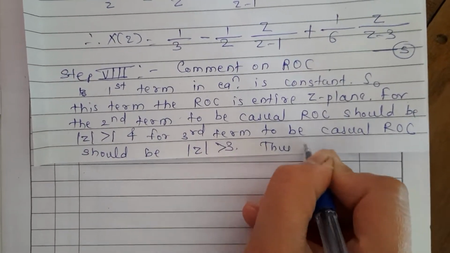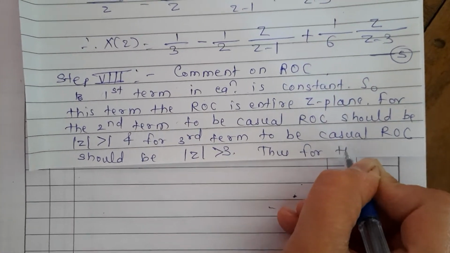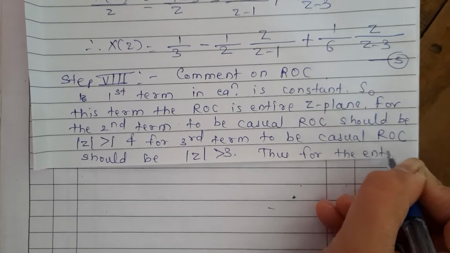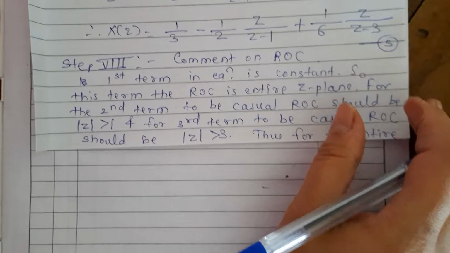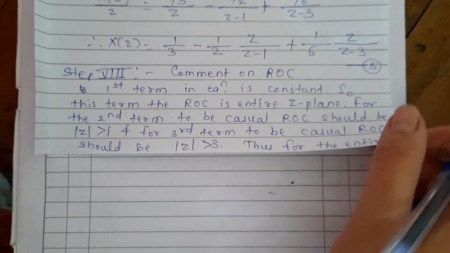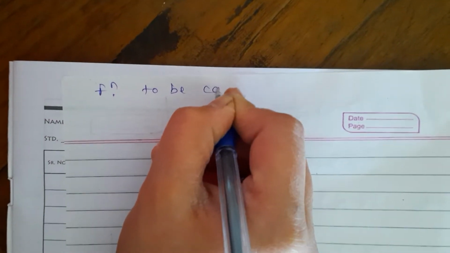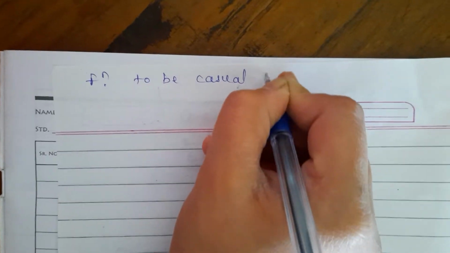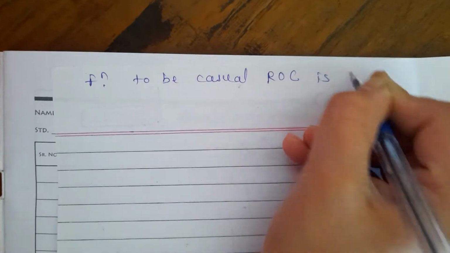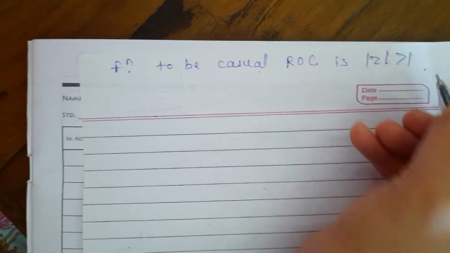Thus for the entire function to be causal, ROC is z greater than 1.